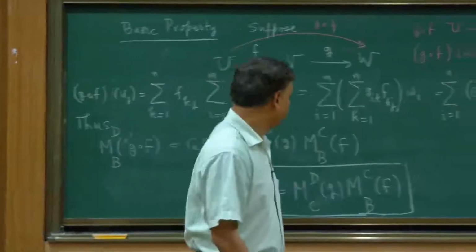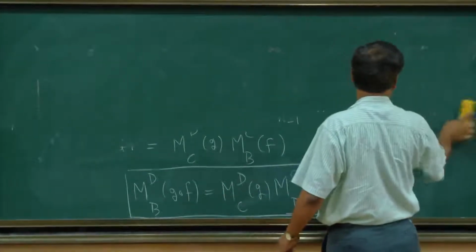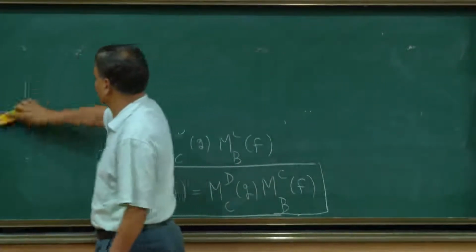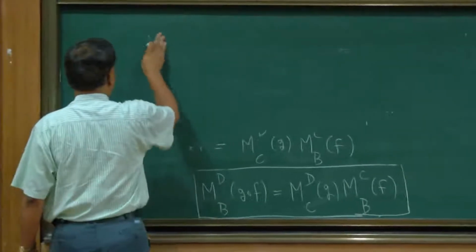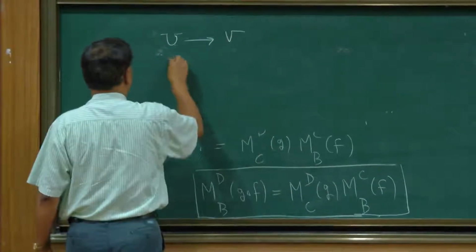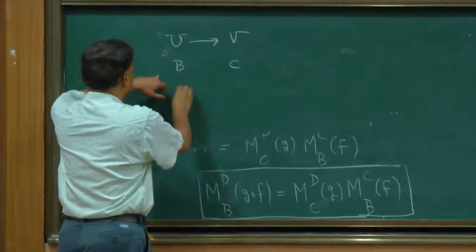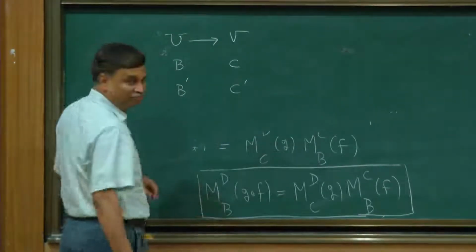And now I want to look at a special case. Suppose I have a map U to V, and I take some bases B and C, and suppose I were to take other bases B prime and C prime.